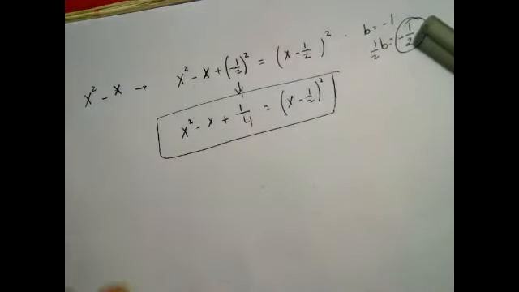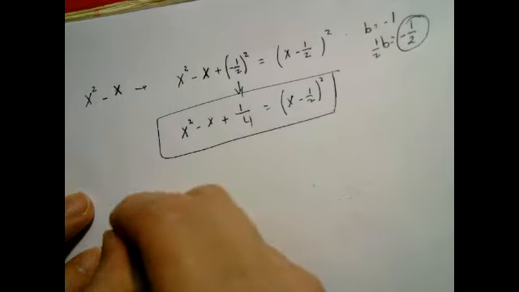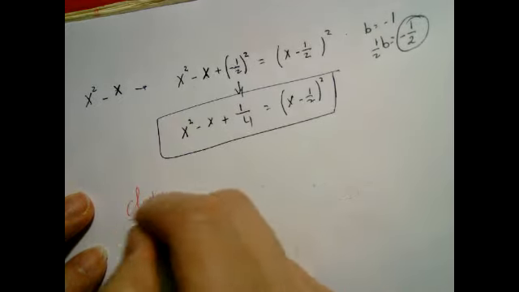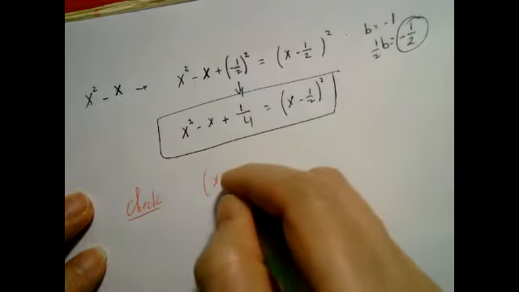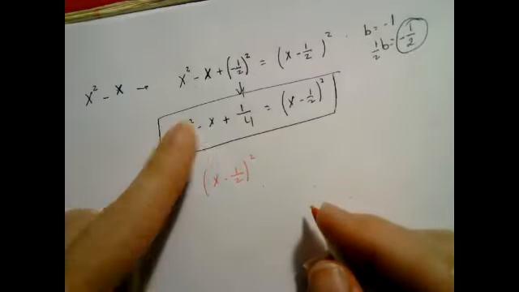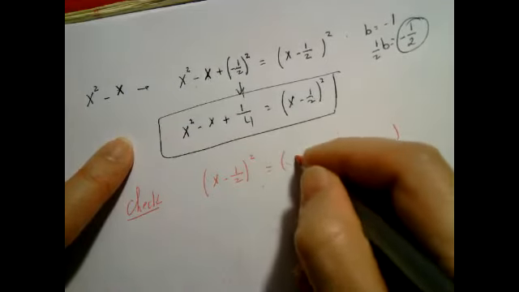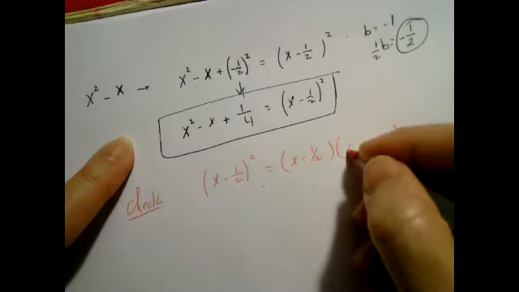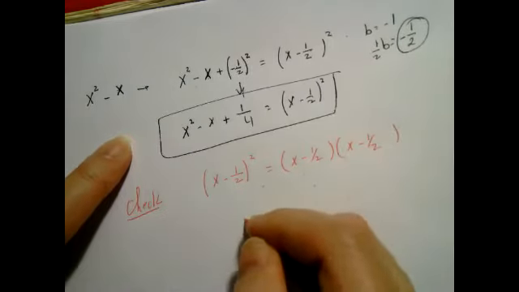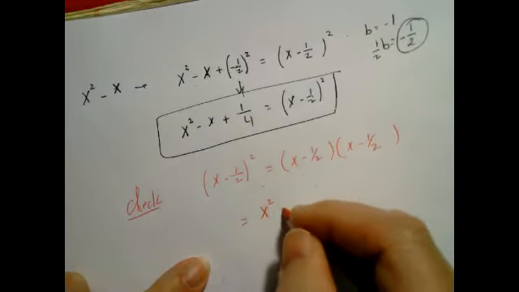So I'm going to check this for us before I go back to circles. What do I mean by check? I'm going to take the term on the right, and I'm going to convince you that this is exactly that. It's equal to x times x, x squared.